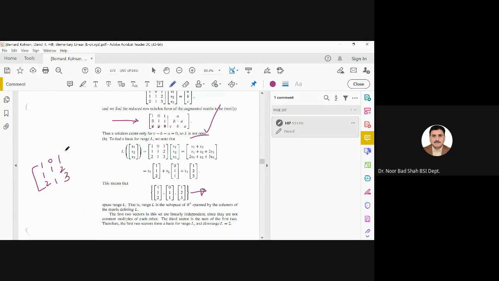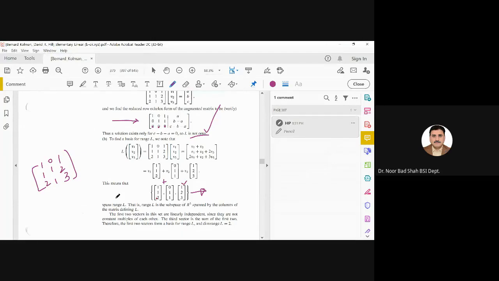How did I know that these are dependent? You see, if you add these two vectors together, 1 plus 0 is 1, 1 plus 1 is 2, 2 plus 1 is 3. So the third vector is a linear combination of these two vectors. It means they are dependent, right?